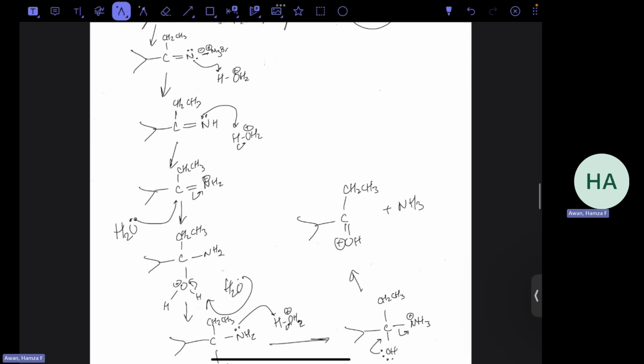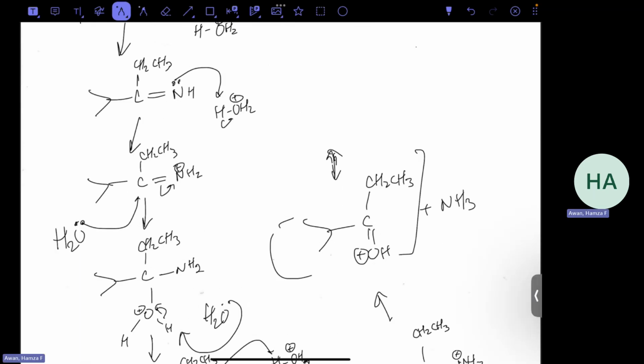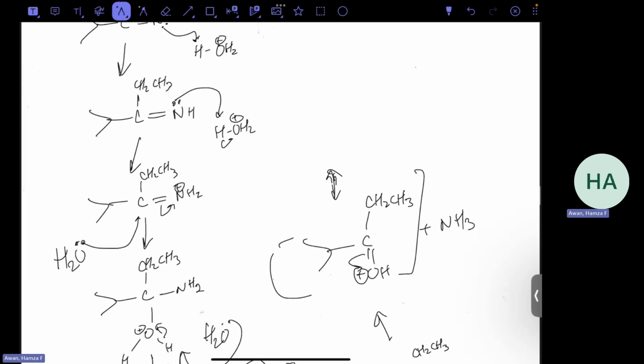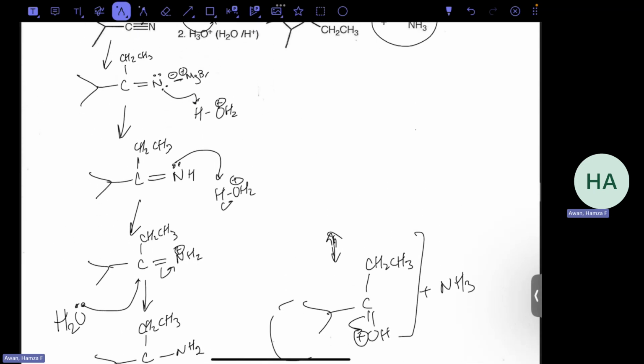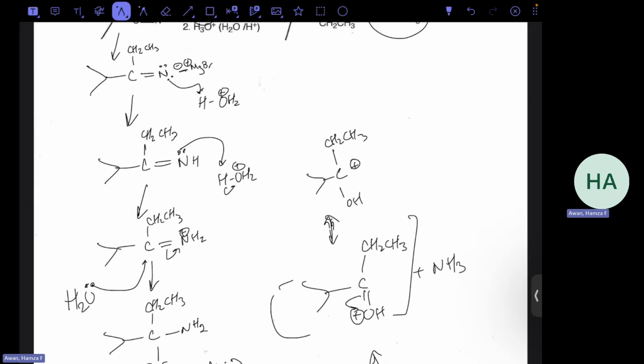And one thing we do need to do with this problem is show all resonance contributors, right? So we'll go like this, draw our double arrow, and this double bond can come and stabilize this oxygen to cause it to have no charge, and then the carbon to have a plus charge on it. So what that'll look like is carbon with a plus charge, CH2, CH3, then our OH, sitting pretty with no charge, right?